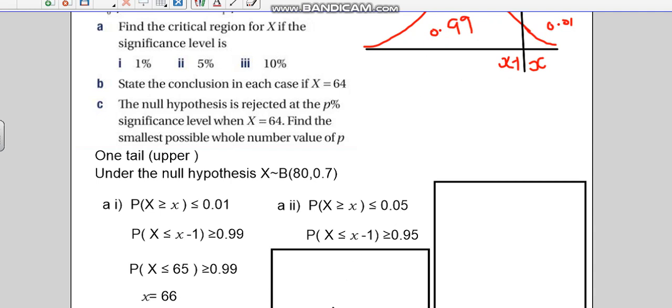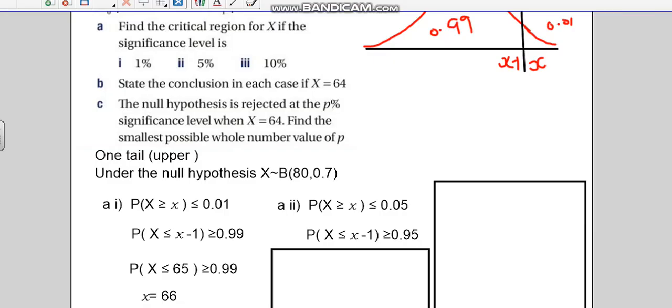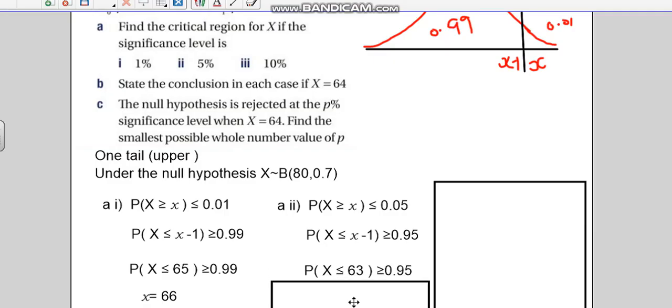So if we go to the calculator, we'd already done this work, so these are what we had up before, but I can see 63 is 0.96, 62 is 0.94, so the value I'm looking for is 63. So the probability x is less than or equal to 63 is more than 0.95.